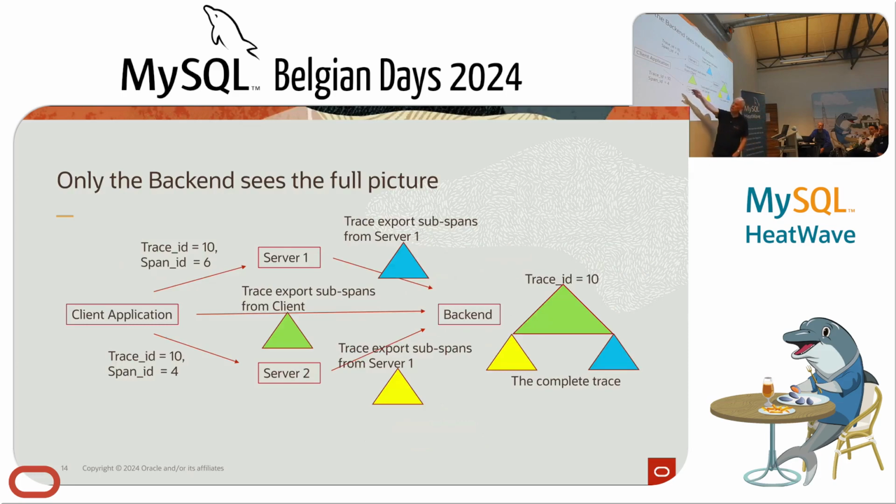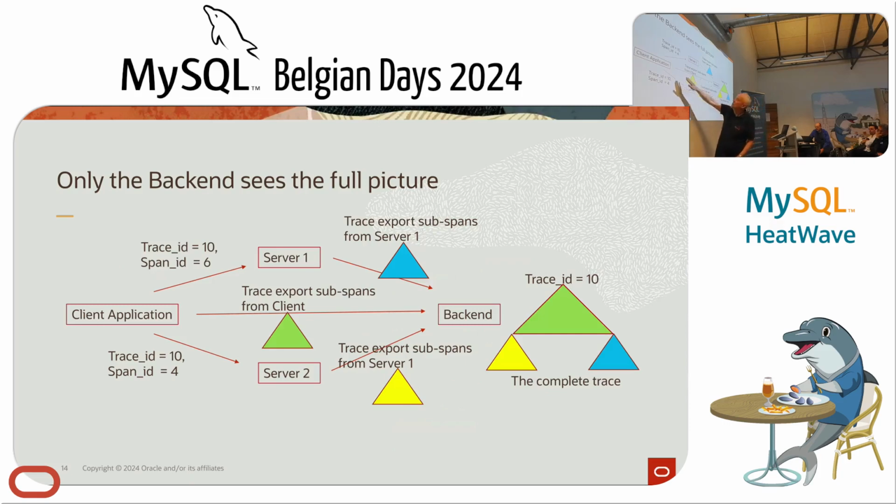This is simply saying that this is a client application that talks to two different servers. This can either be the root, but it can also be part of a bigger chain, right? In this case the trace ID 10 covers the whole thing. You see that trace ID 10 is the root of this span here.